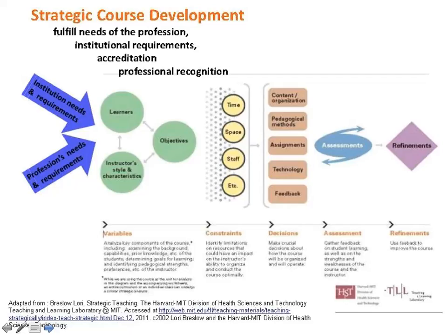But basically, we've divided it into several sections: institutional requirements, professional requirements, feeding into the on-the-spot requirements and the preferences and the abilities of the learners, the organizers or instructors, and actually what the course should be, course outcomes, and what the learning outcomes should be. And all that is modified by all the different constraints, the time, the space, the staff.